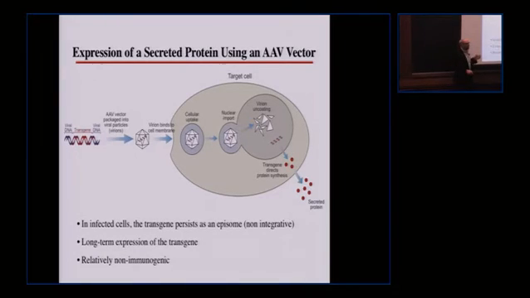So in our experiments, the target cell we're using is the muscle cell. We introduce an AAV derivative that expresses IGF-BP7 into the muscle, and we turn the muscle into an IGF-BP7 biomanufacturing facility. It's secreted from the muscle and then encounters the tumor where it has its effect.